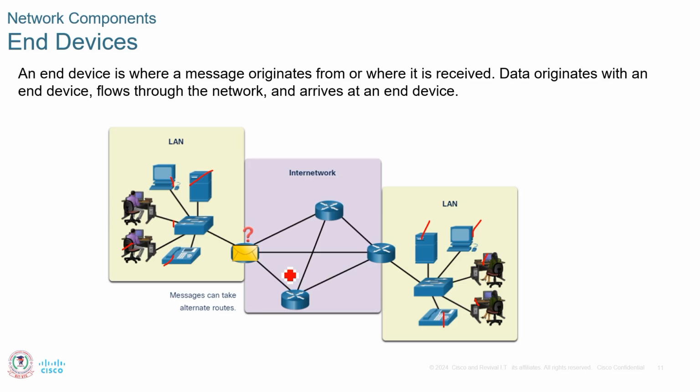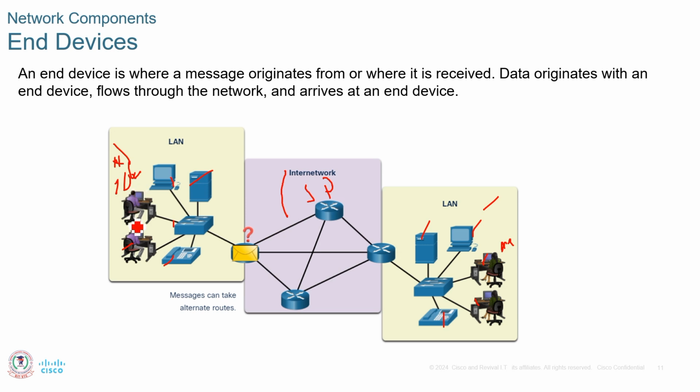For example, this is you here, and this is me here on my own laptop. This is my local area network. This is your own local area network. We are interconnected through a service provider. So now you send me a message, maybe on WhatsApp. Hello, on your PC. Hello. What are you doing?